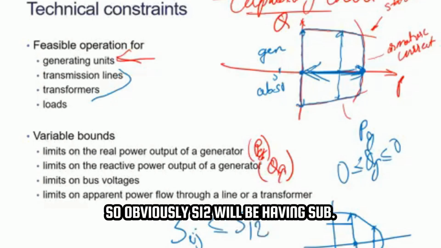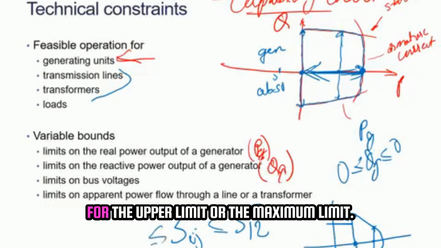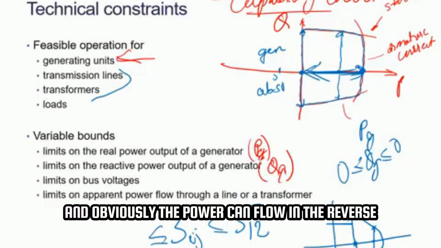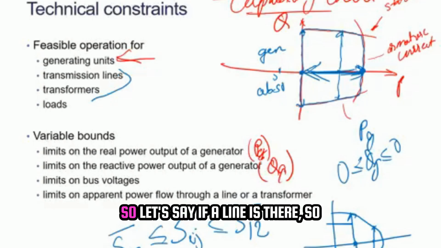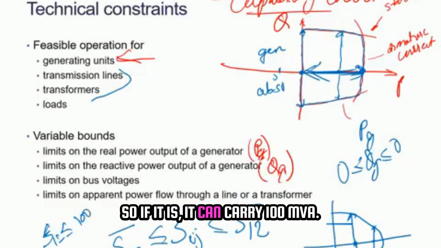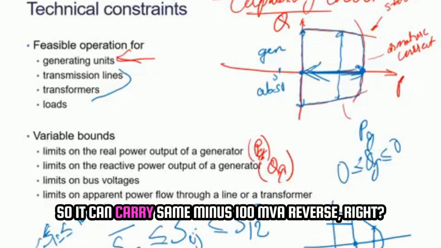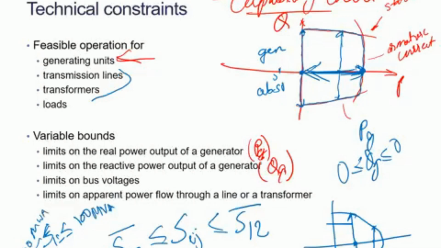I'm drawing this upper line for the upper or maximum limit, and obviously the power can flow in the reverse direction at the same value. If it can carry 100 MVA, it can carry minus 100 MVA in reverse.